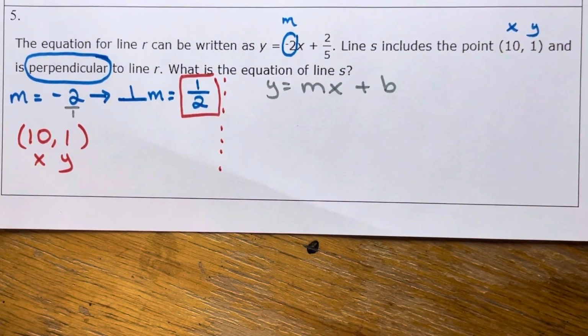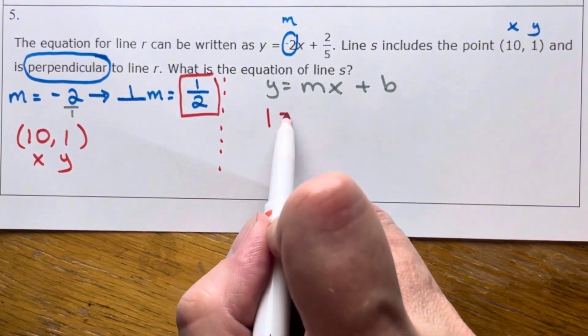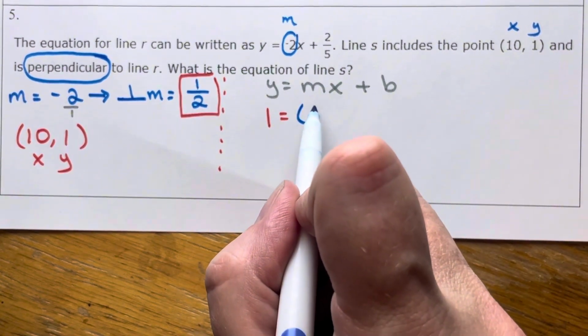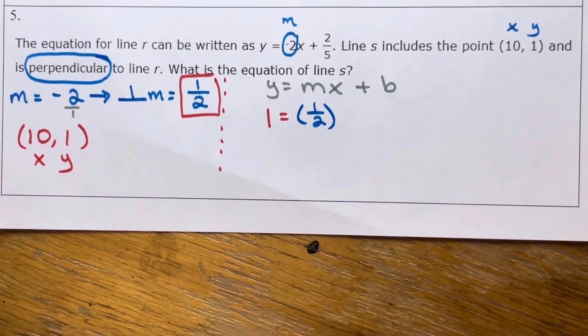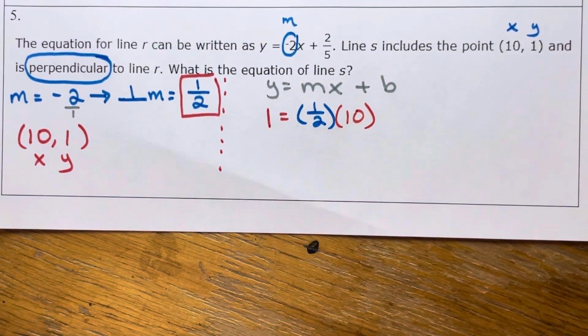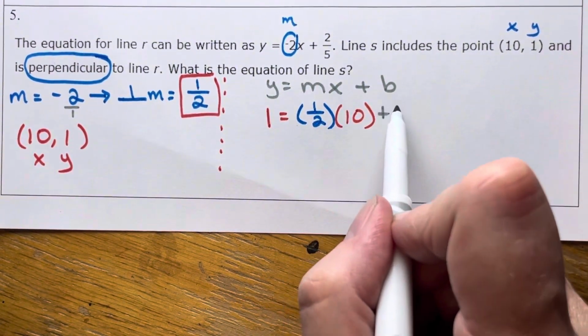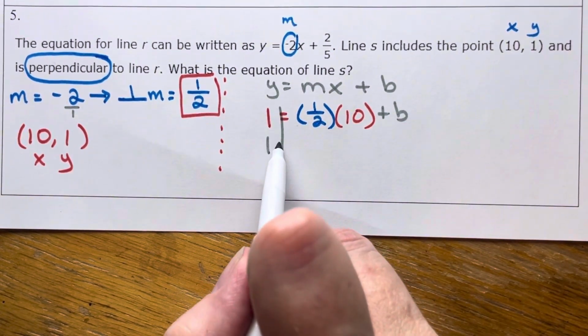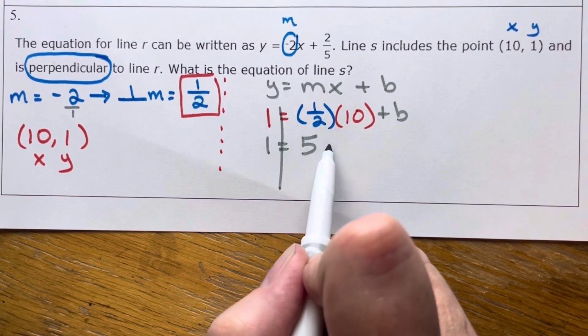Okay. With our slope-intercept form of the equation ready to go, let's plug in the values for y, for m, and for x as we go through the process of solving for b. Multiplying 1/2 and 10 gives us 5.